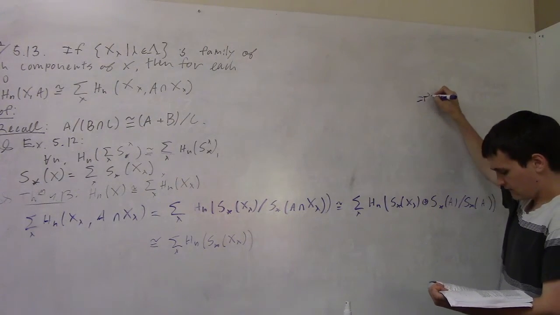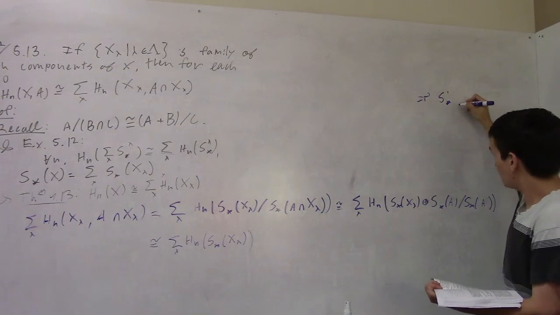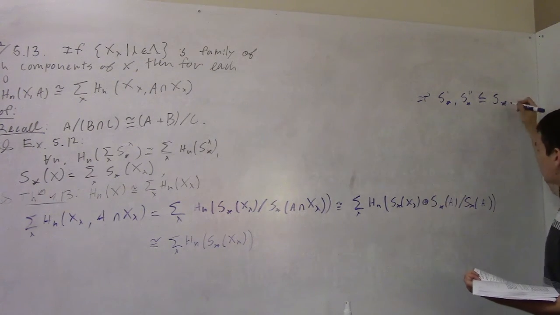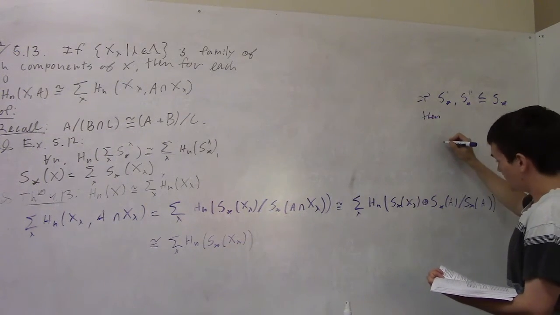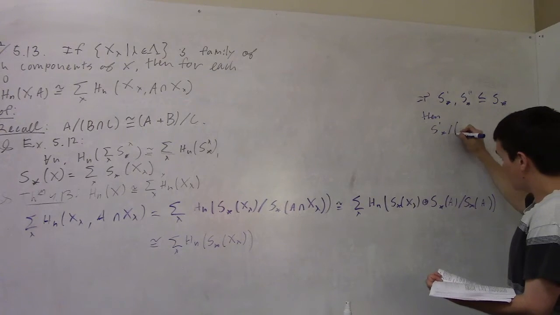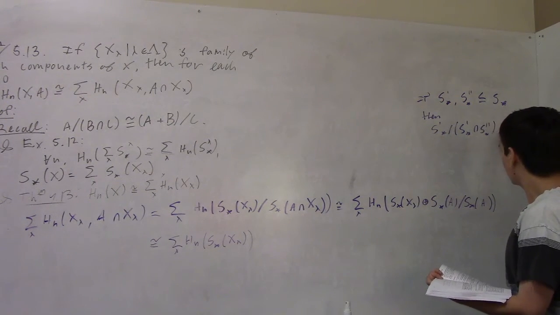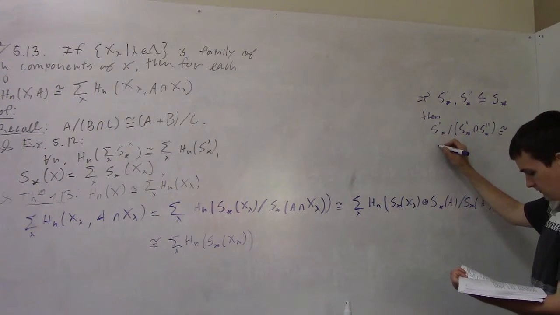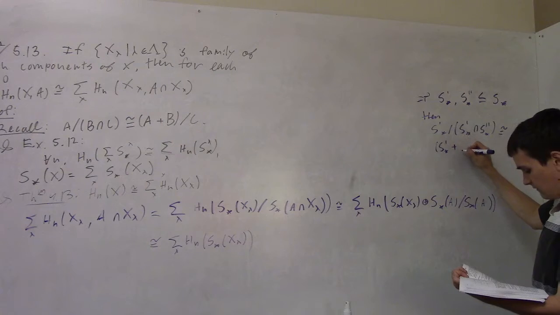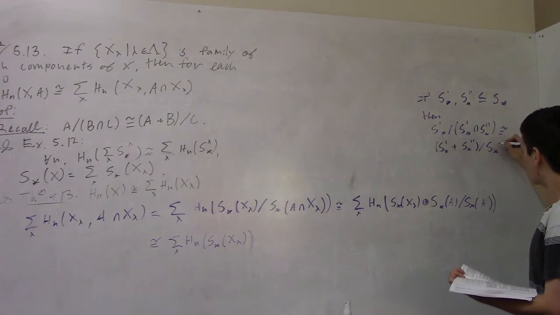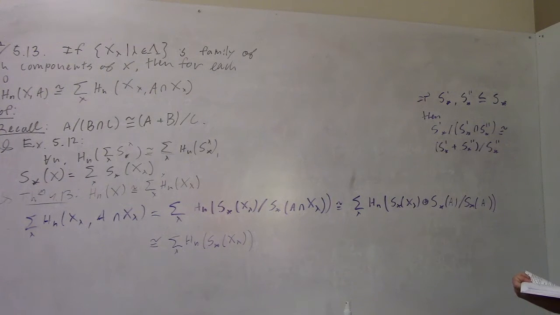So they say if S prime and S prime prime are subcomplexes of S, then S prime mod S prime intersect S prime prime is isomorphic to S prime plus S prime prime mod S prime prime.